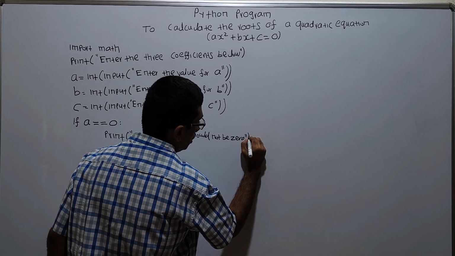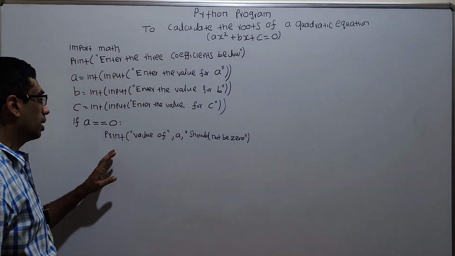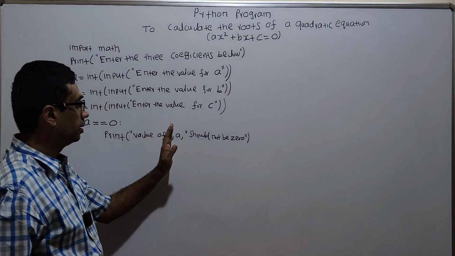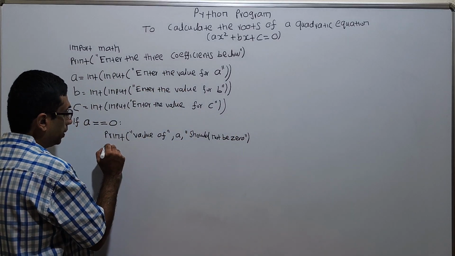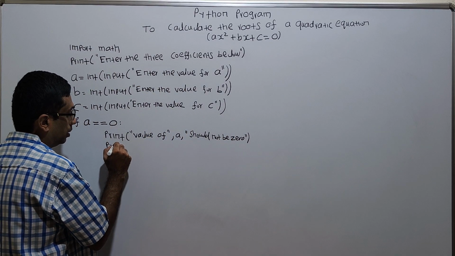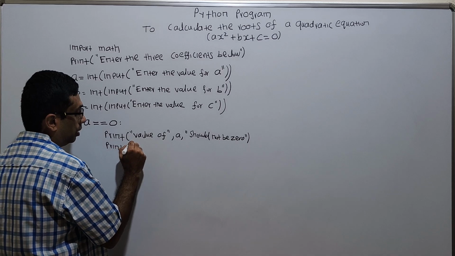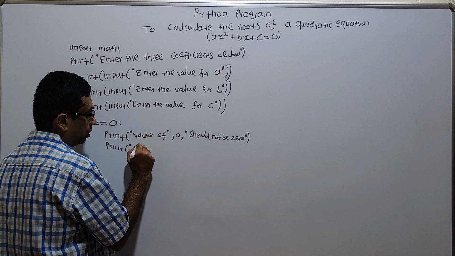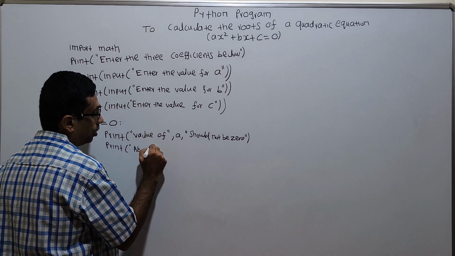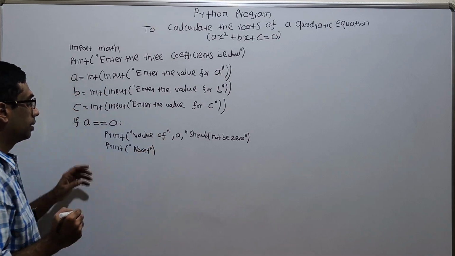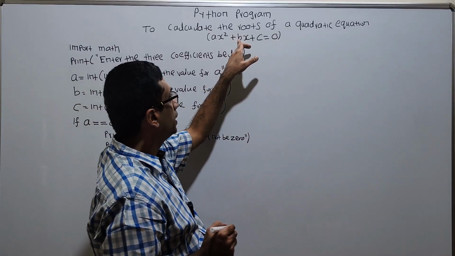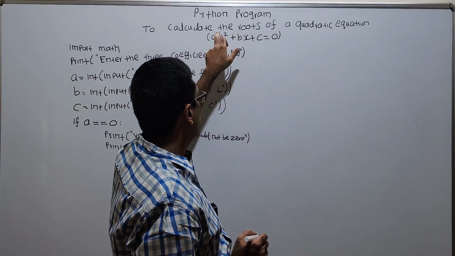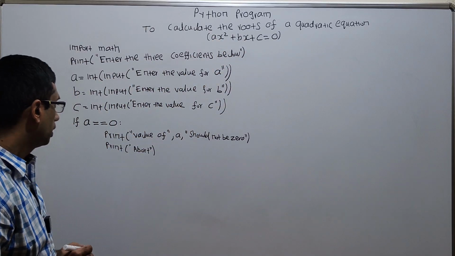So closing the double quotation, closing the print statement. So "value of A should not be 0" is my message, and I am printing another message. Print "abort". So the program will not get executed because when the value of A becomes 0, the equation is not a quadratic equation, it is a linear equation. So the value of A must not be 0.